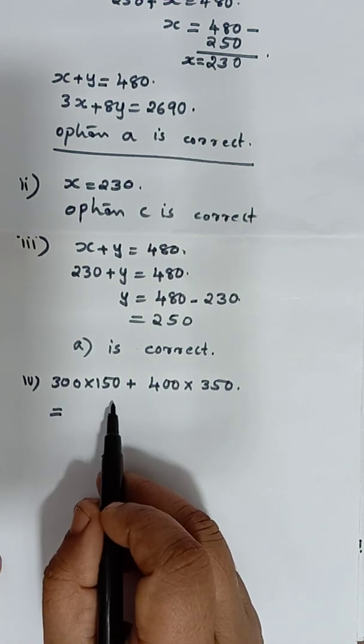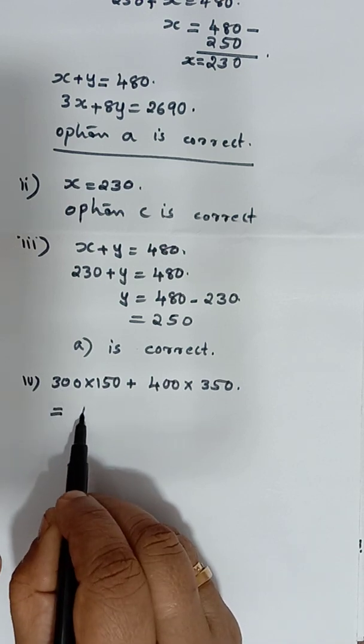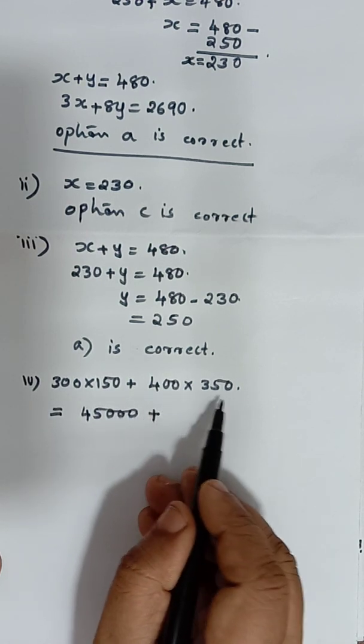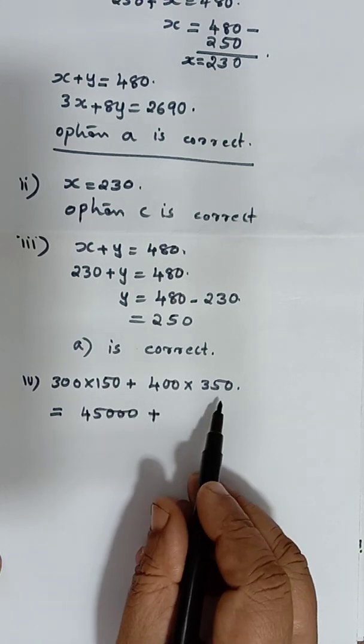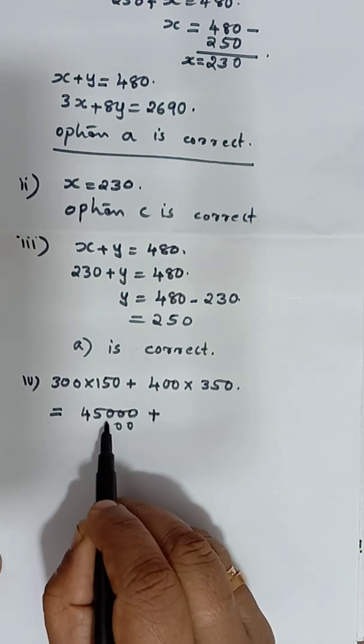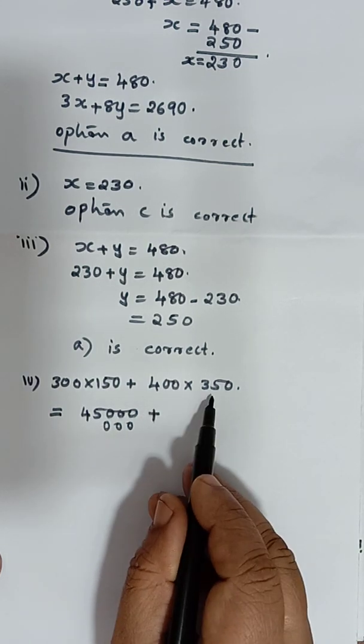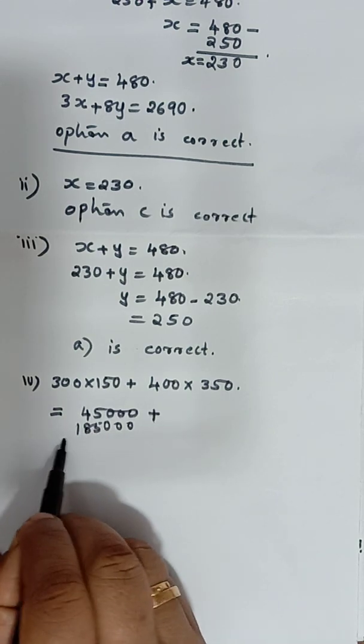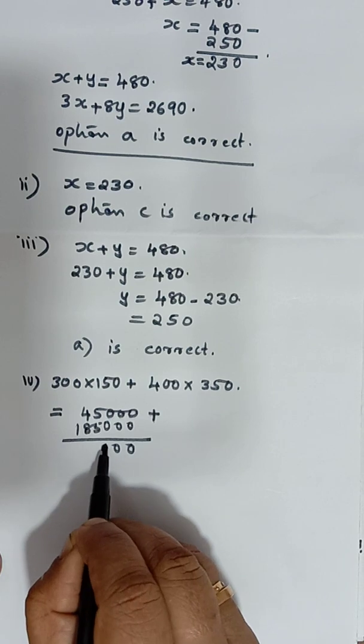300 into 150. That will be 15 into 3, 45. Give 3 zeros, plus 400 into 350. So what do we get? 3 zeros we have to give, 4 into 35. That is 140. Add it.